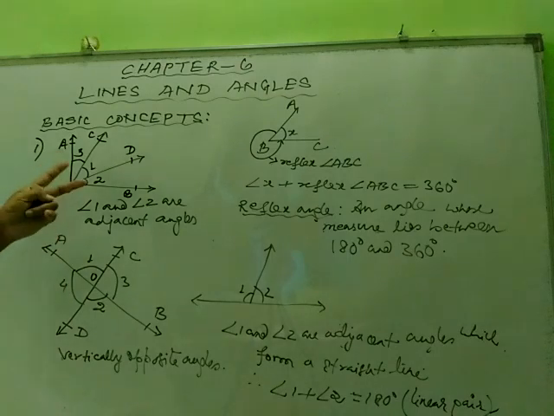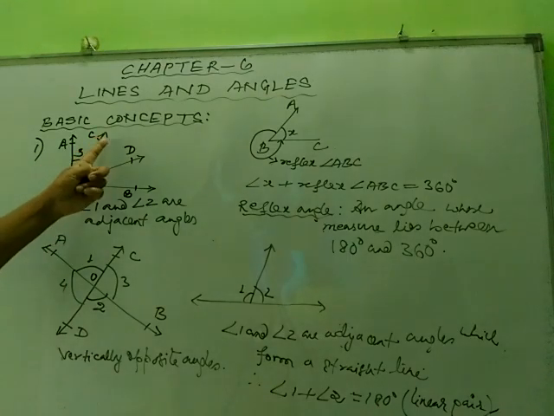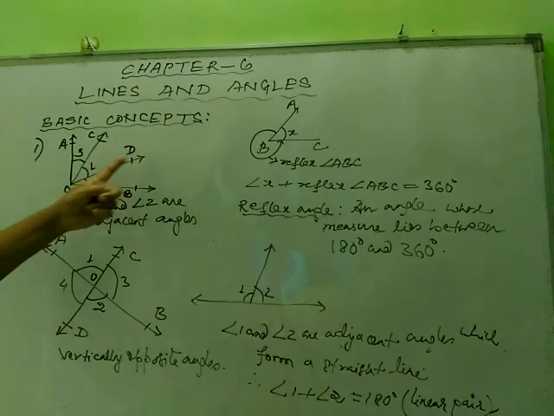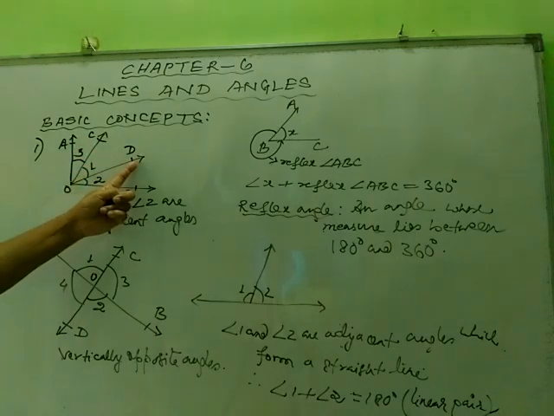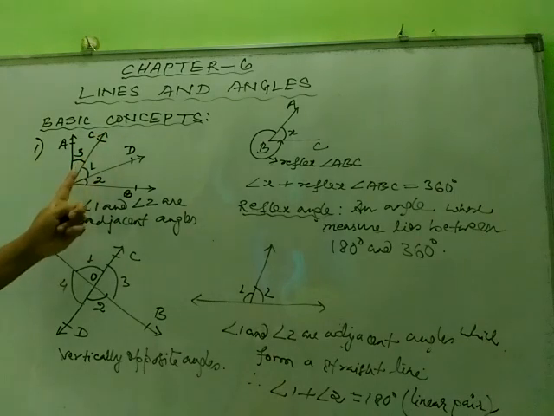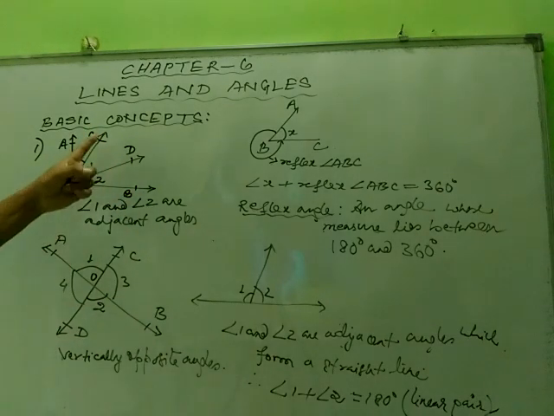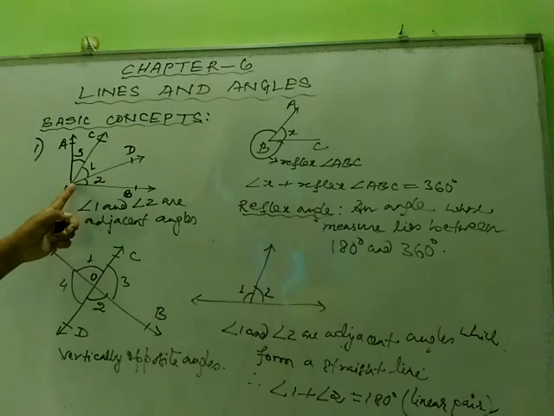Now, here, OC divides the angle AOD into two parts. Ray OD divides the angle COB into two parts. Now, adjacent angle means it should have a common arm with a common vertex.